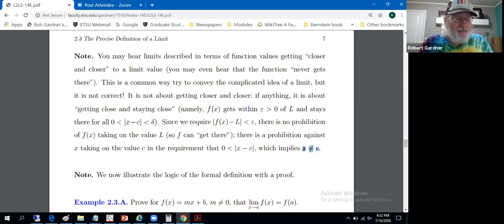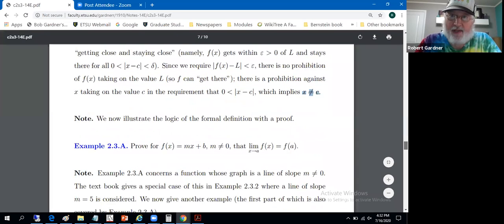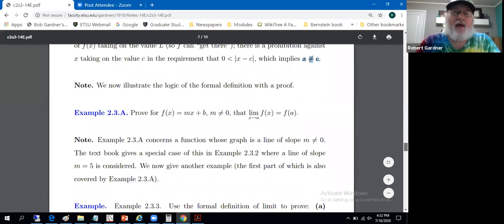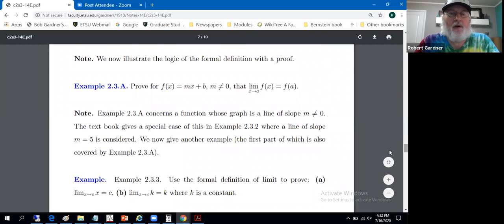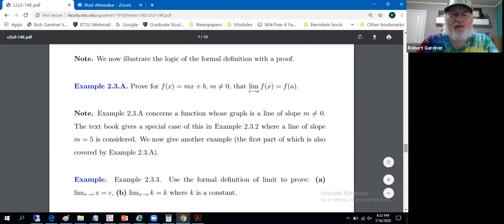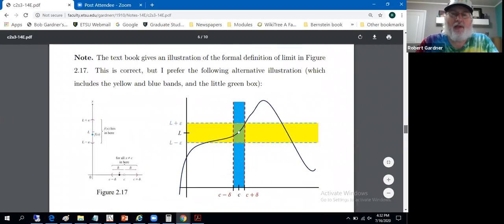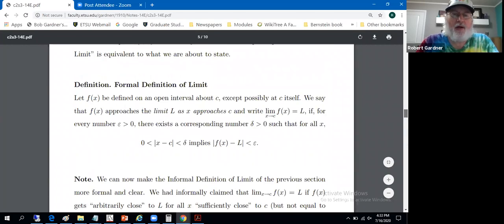Well, sorry about this. It's all that stuff with the epsilons and the deltas in the formal definition. If only all we had to do was look at x equals c, we wouldn't have to go through all this stuff. All right, so let's further dissect the definition of limit. Let's do a proof. Before we do, let's look at the formal definition again, trying to illustrate the logic behind all of this stuff here.